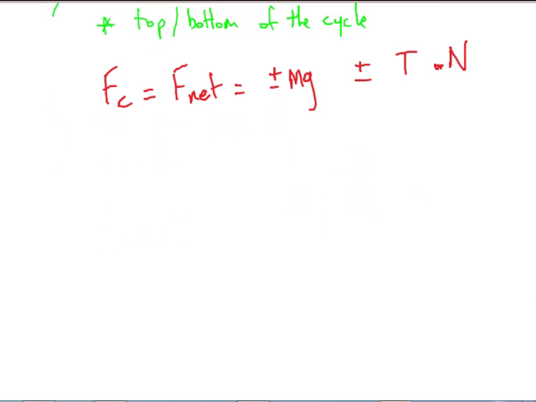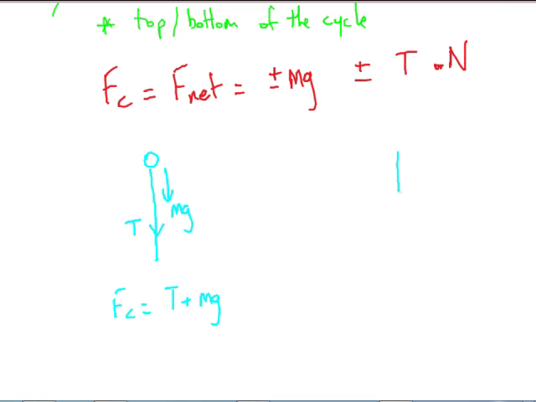Okay, so maybe let's look at a string first. At the top of a circle, you've got tension acting down, and you've also got mg acting down. So the centripetal force must equal tension plus mg. Both of them are helping with the motion.